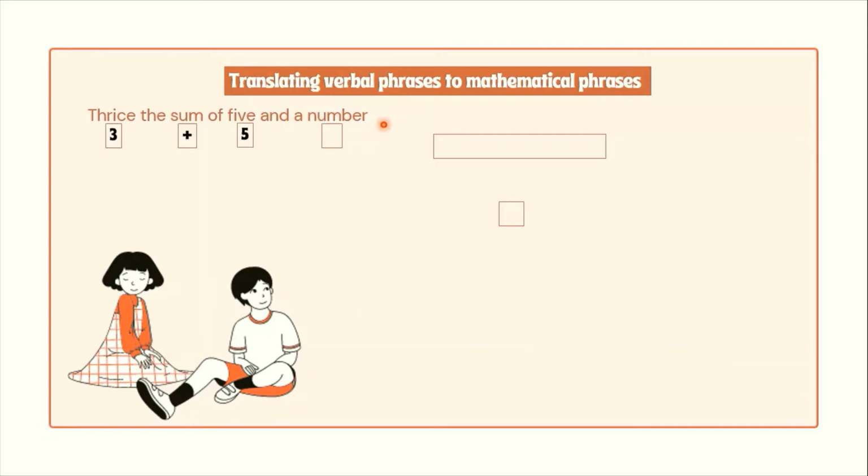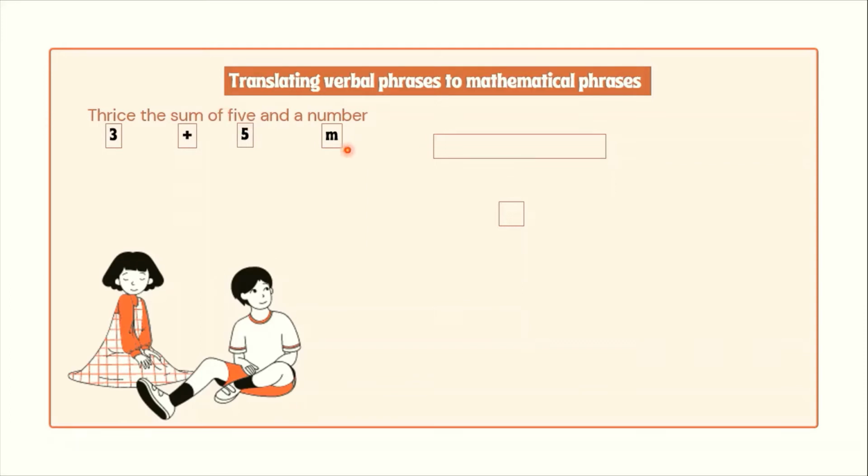Since ang nilagay lang ay a number, we can use any letter from the alphabet. Pwedeng A to Z, pero in this case, we will use M. So, meron na tayong thrice na 3, sum na plus sign, 5, and a number, ang ginamit natin ay M. Pwede na natin siyang i-translate into a mathematical phrase.